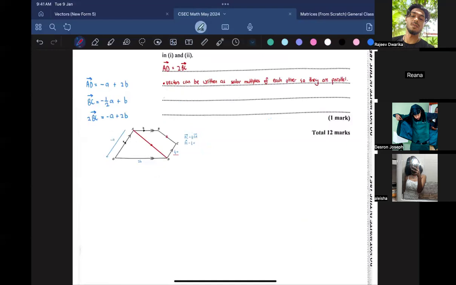So that's one geometric relationship. Desron, according to the relationship here, what is another relationship in terms of size? If you compare the two vectors, give me an explanation in terms of size. We're saying that A to D can be written as, B to C is half of A to D?